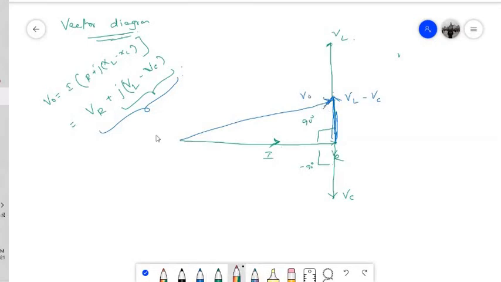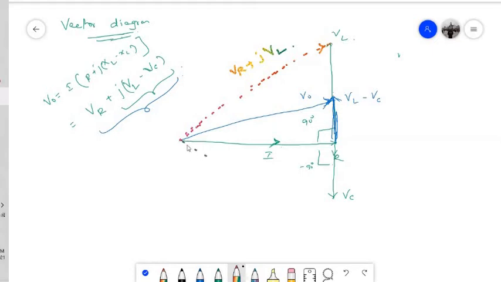So what will this representation indicate? Now this is nothing but VR plus J into what? This is VL.